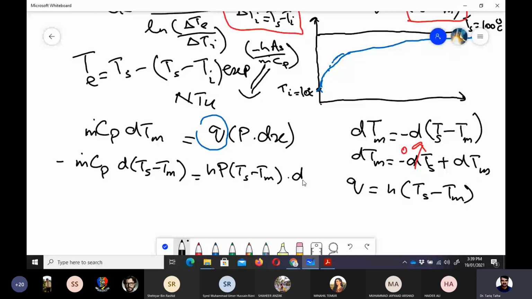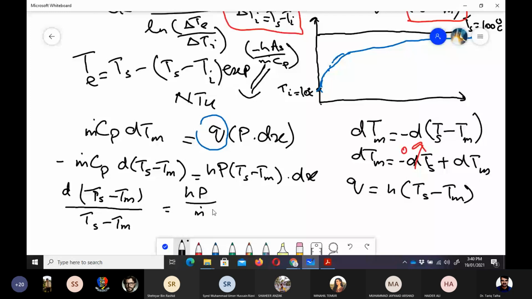So from here, if we separate the variables, we write d of Ts minus Tm divided by Ts minus Tm here, and then we write hP upon m dot Cp, and this minus would come here, and we write dx.